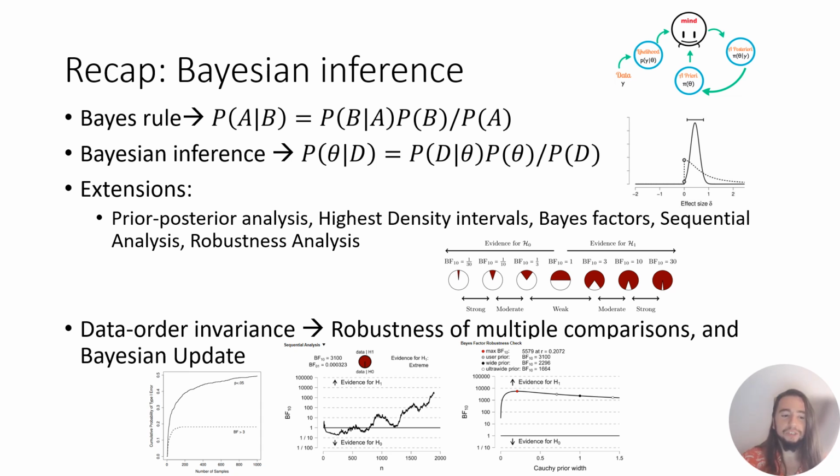And thanks to data ordering invariance, which is also called Bayesian updating, we can do a sequential analysis and robustness analysis. This is the demonstration of how Bayes factors are more robust to type 1 error inflation than p-values, and therefore we are protected against this problem, and therefore we can do these two things. Sequential analysis is basically introducing new data to create a new Bayesian inference and see how this changes.